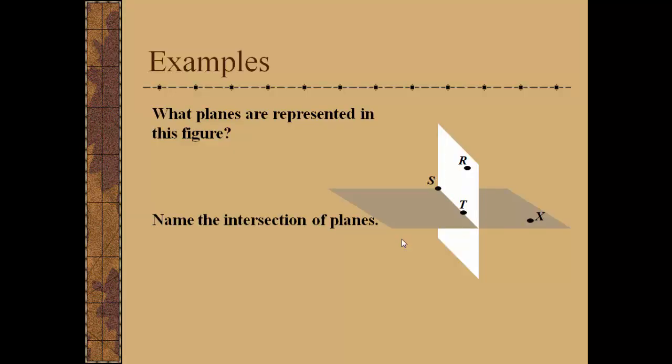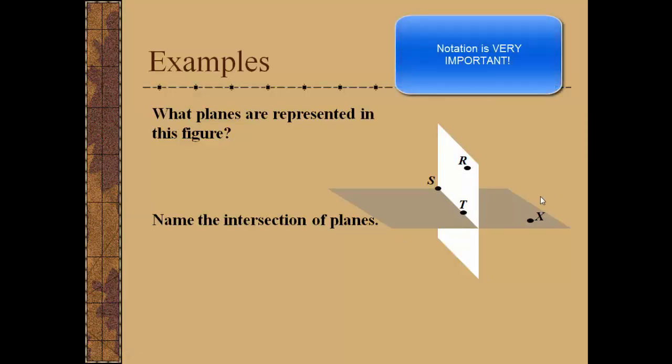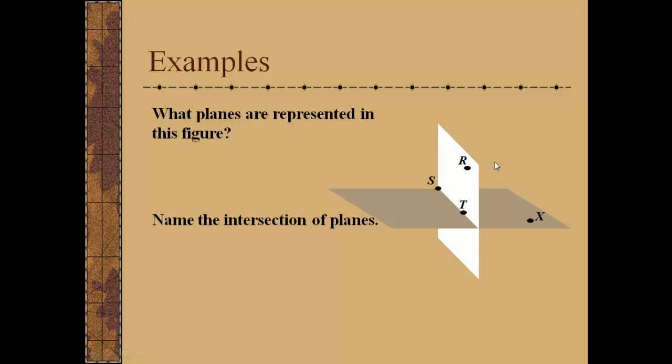Let's try some examples. What planes are represented in this figure? Now remember, there are two ways to name planes. I'm not looking for you to say, oh, there's a gray plane and a white plane. That's not the correct answer.